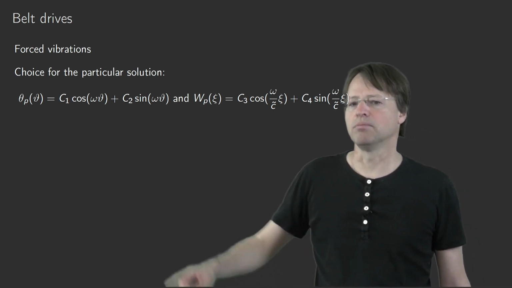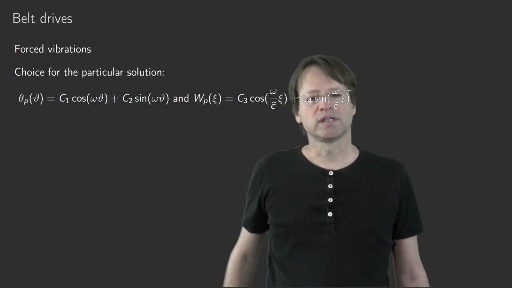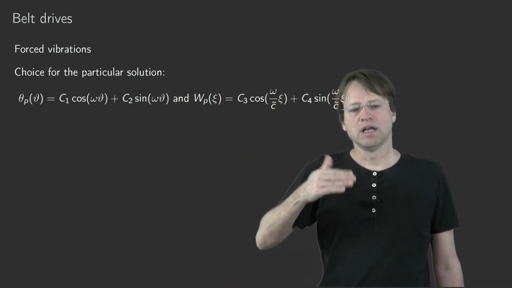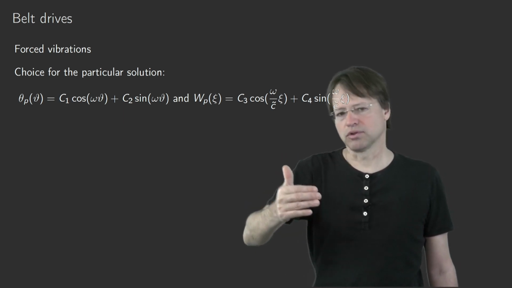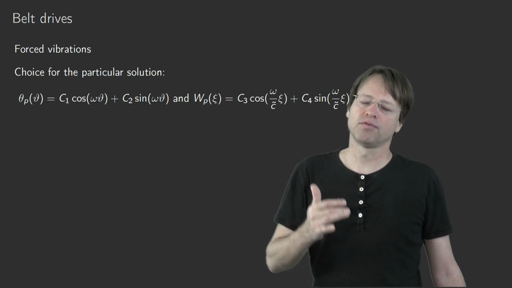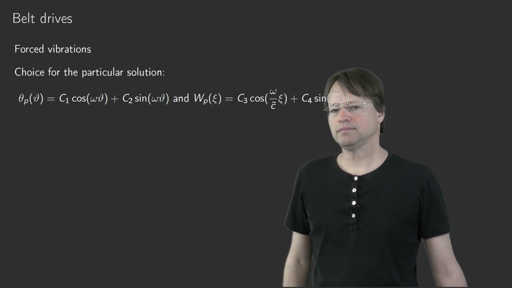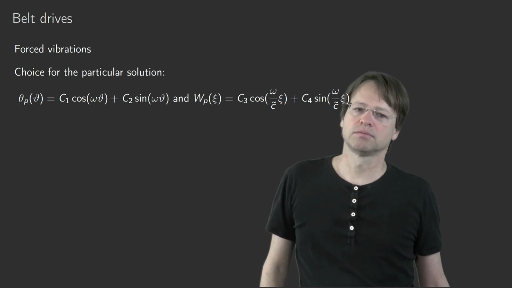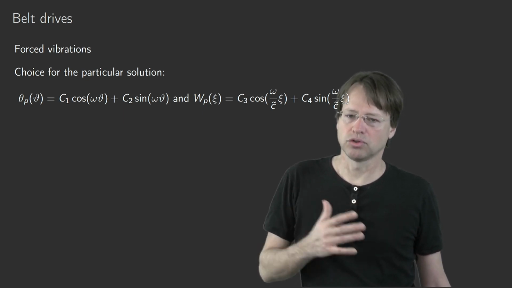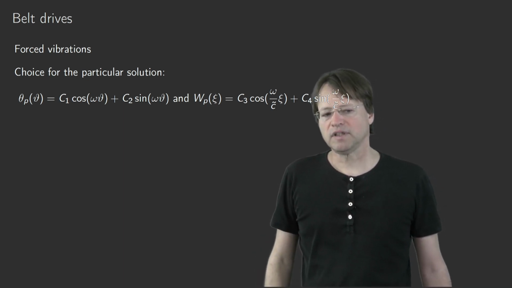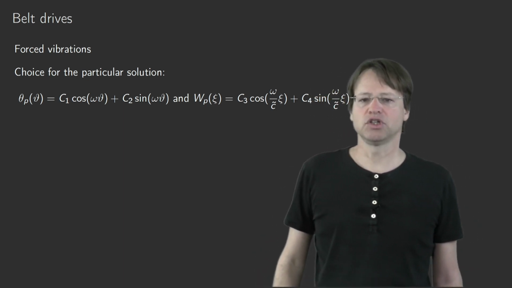We said that omega, which is now not the natural frequency, but which is given by the motion of the imbalance, or at least by the displacement of the wheel, is given by the forced motion of the wheel, and therefore by the boundary condition.